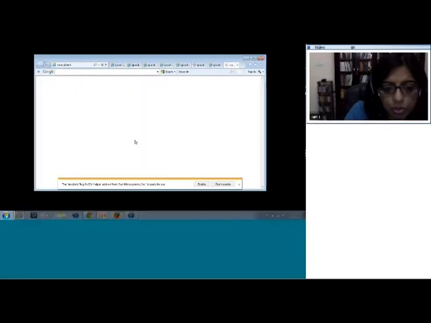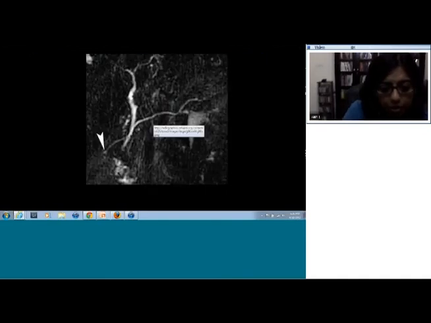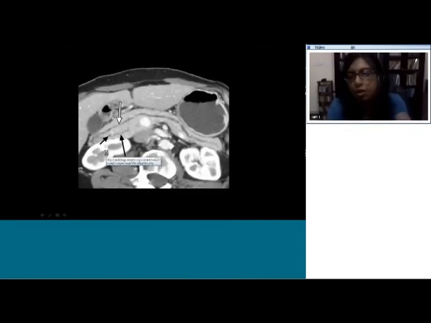You want them to continue so both of them join right here, which would be the duct of Wirsung, or the major papilla right here. But the fact that it goes across this is when one thinks of pancreatic divisum. Also, if you look at the axial images, when you see the duct going anteriorly, that is the duct of Santorini.